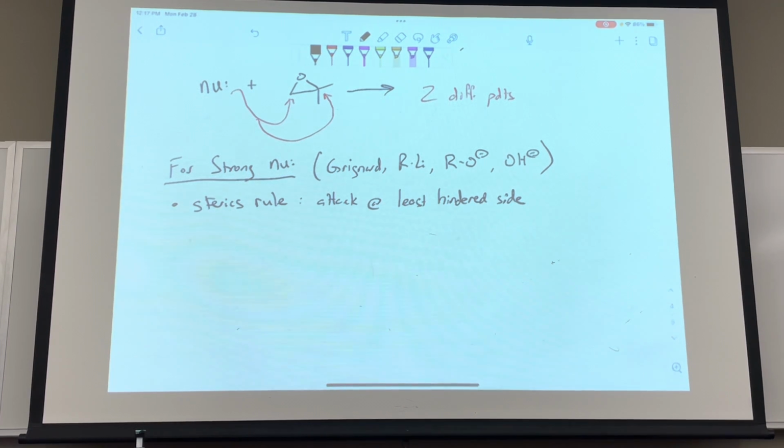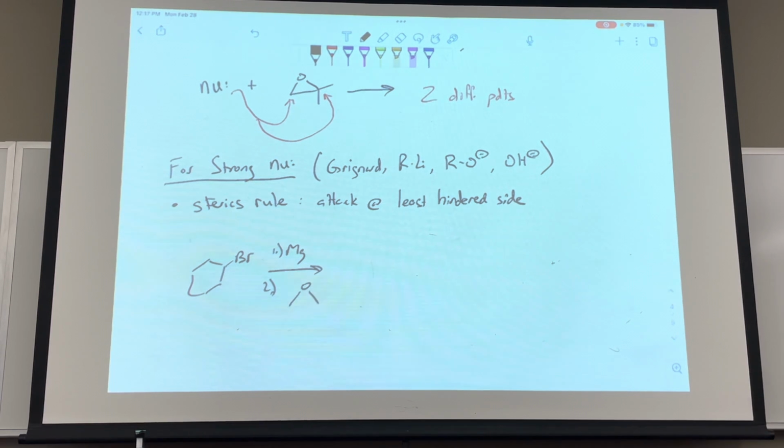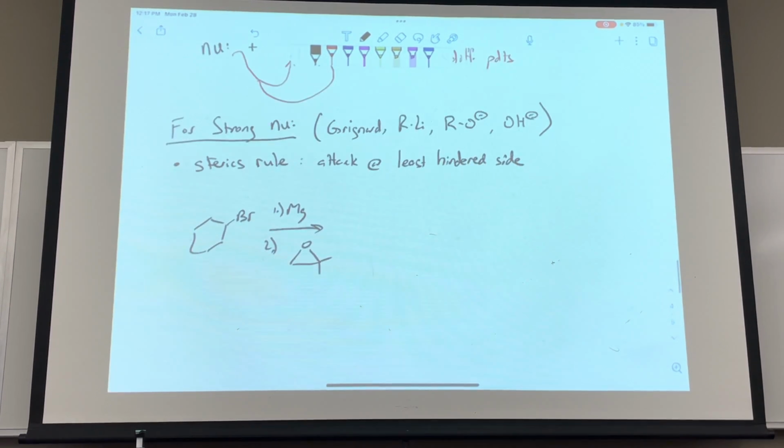Okay, so for instance, if we were going to do something like that, clearly one of these two sides of the epoxide is less hindered than the other, right? It's going to be a whole lot easier for that Grignard reagent to come in and attack there versus trying to battle up against the two big methyl groups.